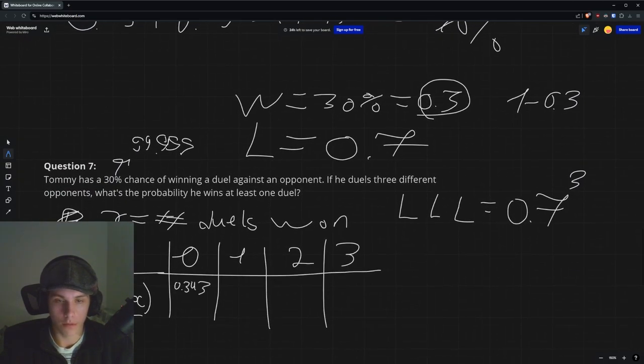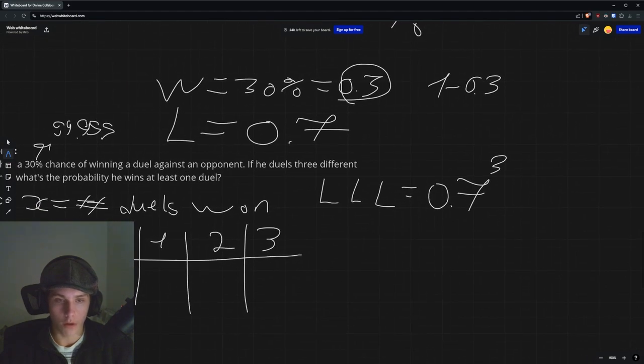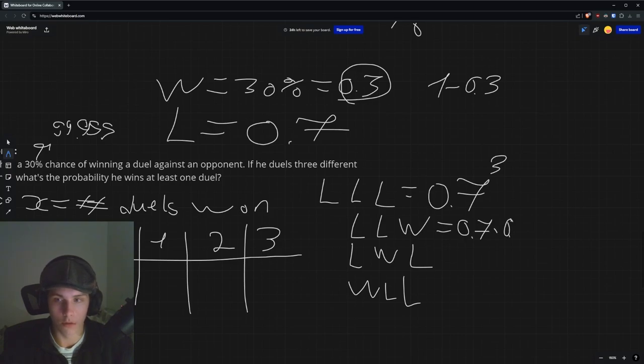Now, he wins 1 time. What are the possibilities of him winning 1 time? Either loses, loses, wins; loses, wins, loses; or wins, loses, loses. The probability of one of those is 0.7, he loses the first time, times 0.7, loses the second time, times 0.3 because he won.